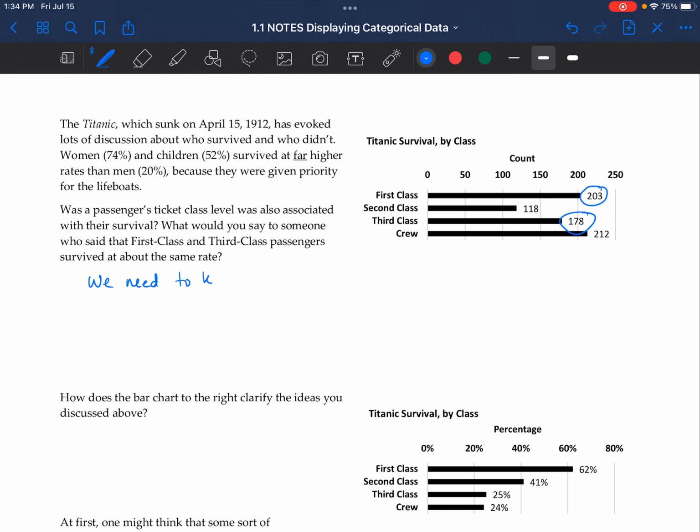We need to know how many total passengers were in each group to make a claim like that.